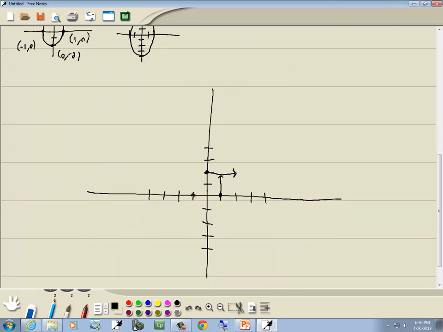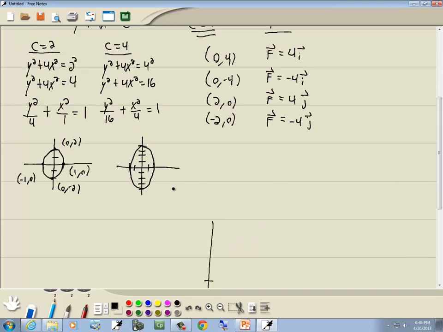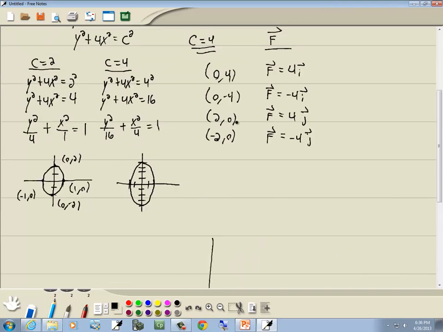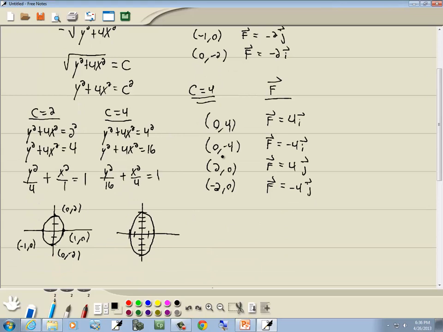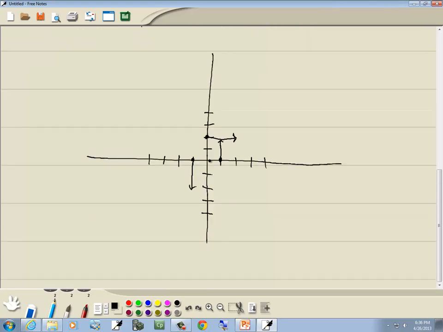And it's going down 2. It was a negative 2j. And then this is 0, negative 2. And it's negative 2i, so it's going 2 this way.